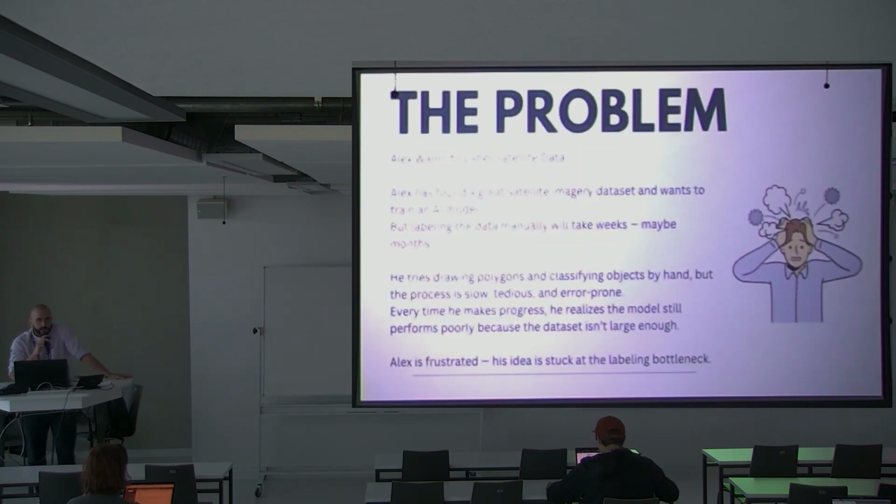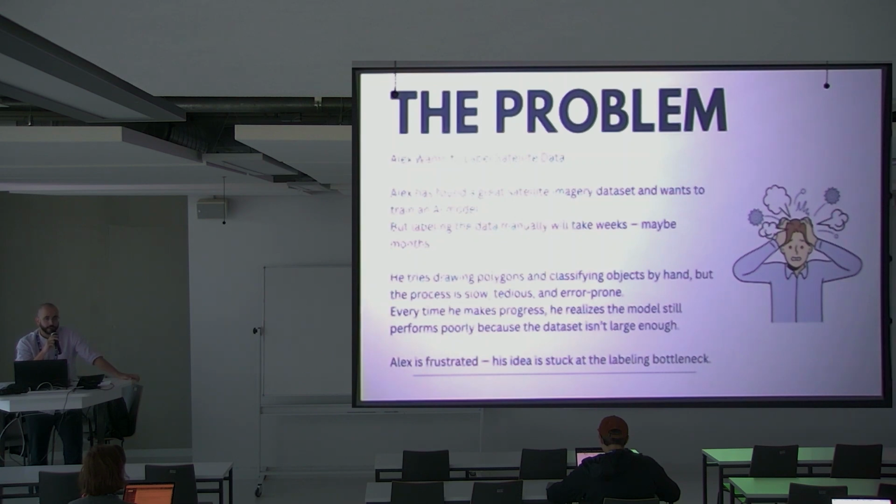First of all, I'd like to start with the problem space with some history. Here is Alex. Alex is an Earth observation student, and he wants to label satellite data. He found a great satellite imagery dataset of raw imagery, and he wants to use it to train an artificial intelligence model. But labeling this data manually can take weeks.